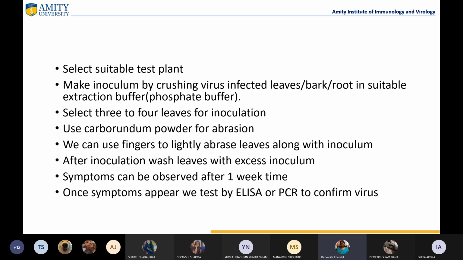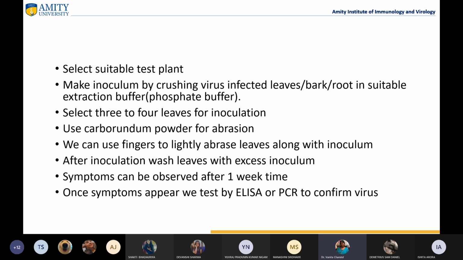And once we see certain kinds of symptoms, we again need to be sure that this is actually the virus that we transmitted. So if we have antibodies available against these viruses, we can go for ELISA testing, or we can go for a PCR or RT-PCR depending upon the DNA or RNA virus, to confirm the presence of the virus or the transmission of the virus to a plant.